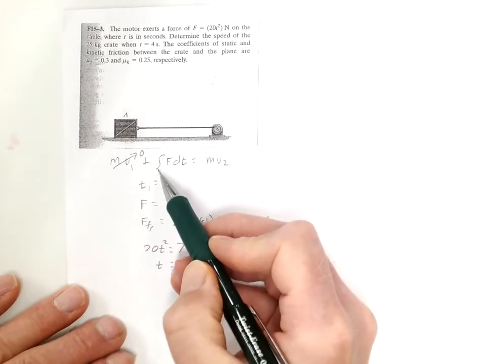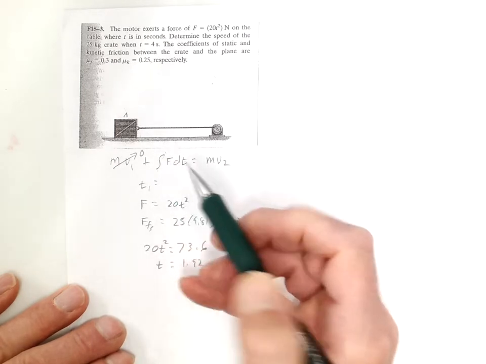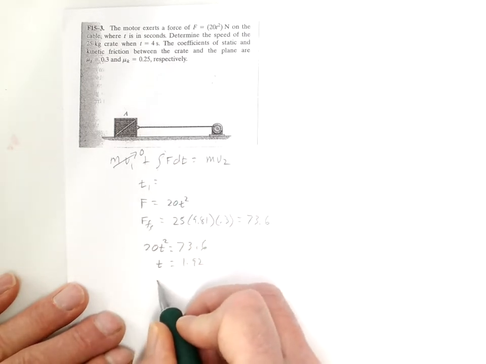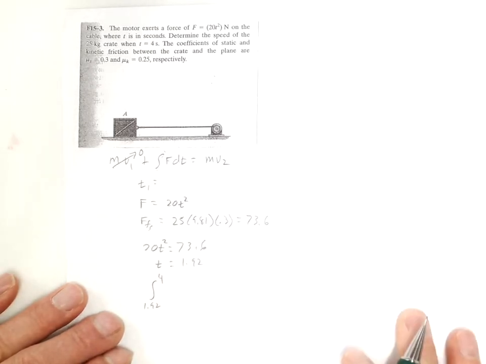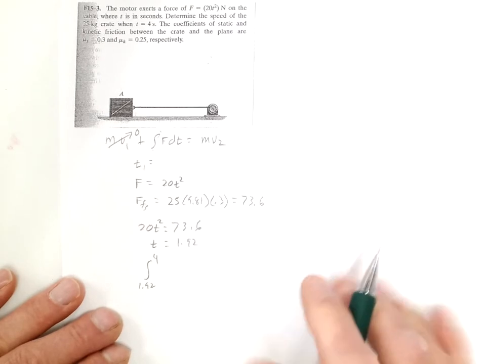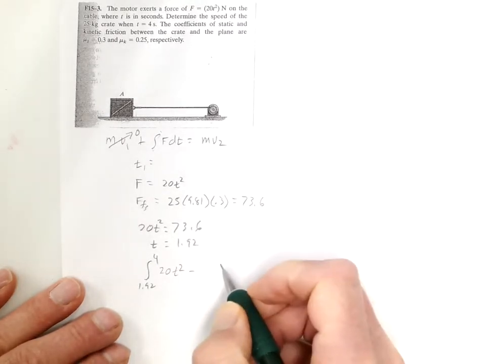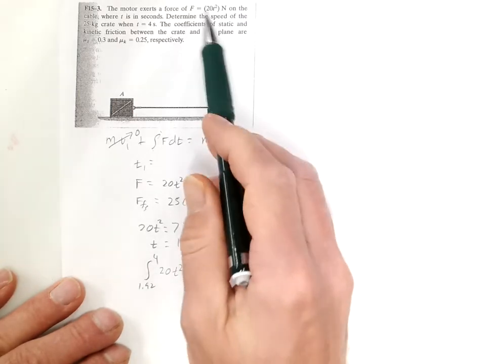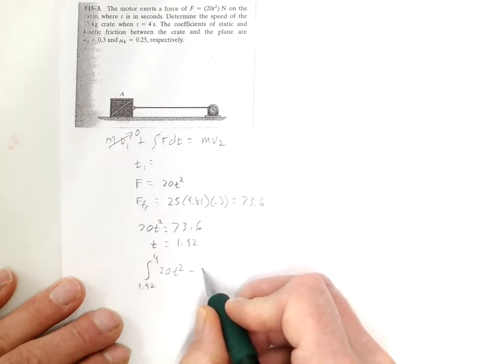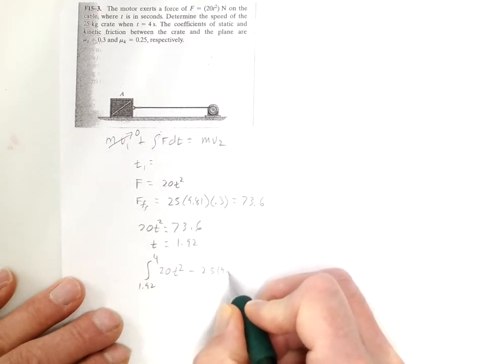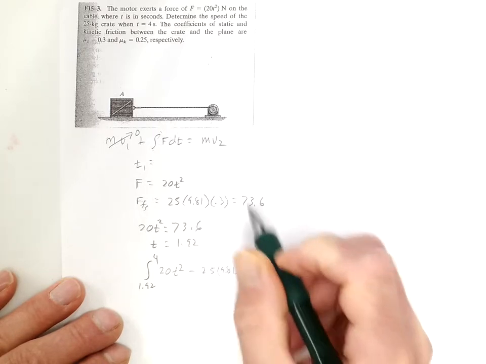So we're going to integrate from 1.92 to 4 seconds. So we'll integrate 1.92 to 4, 20t squared minus, so that's the force pulling that way, and the friction back is 25 times 9.81 times 0.25, the kinetic friction.